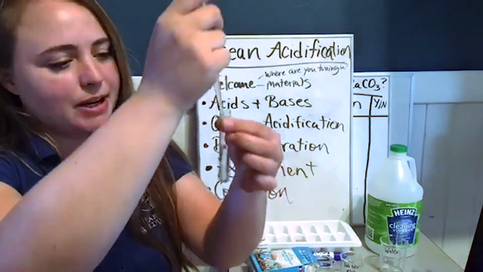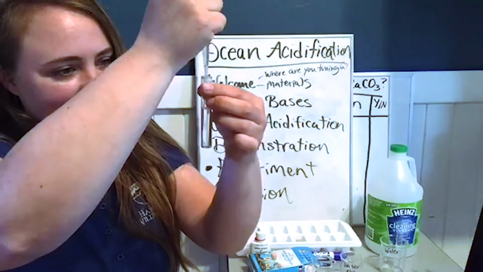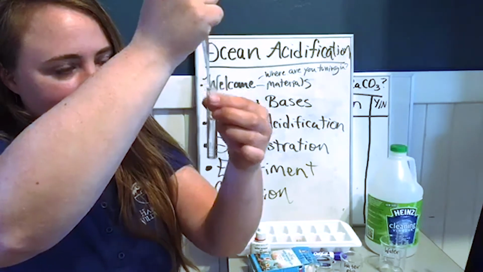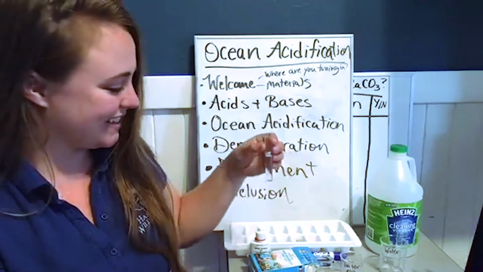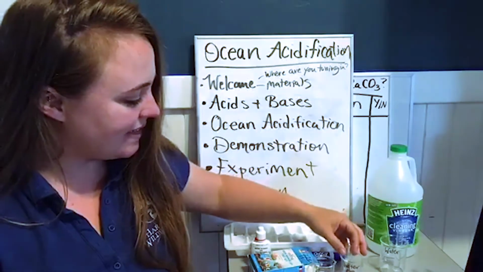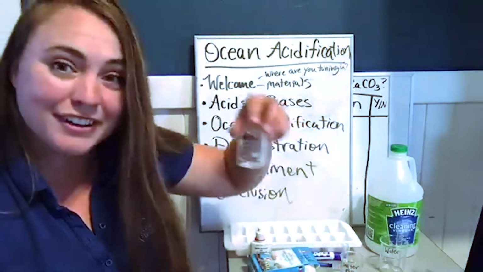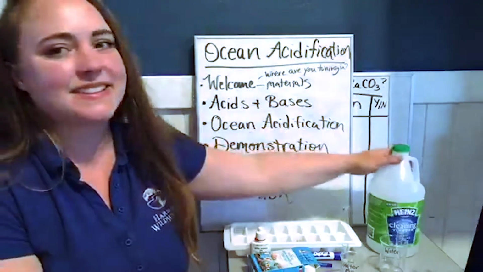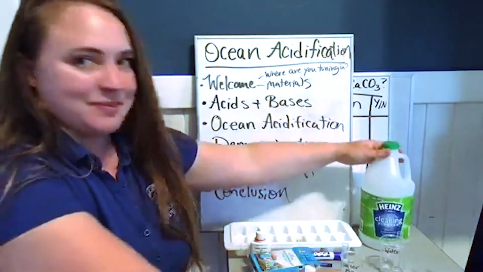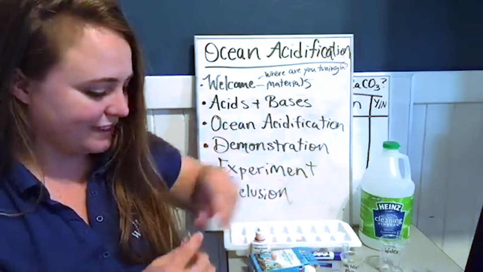If you have an aquarium at home and you have your own set of pH kits, you're welcome to try this out too. And then I'm gonna do a third test. Since I have this nice vinegar here, let's see what one with vinegar looks like.